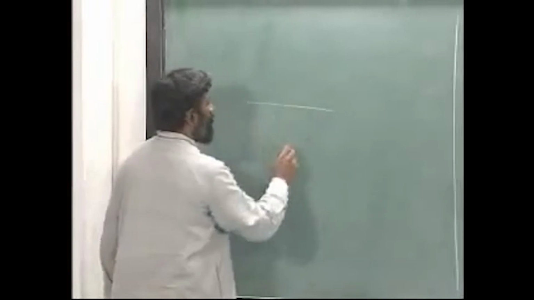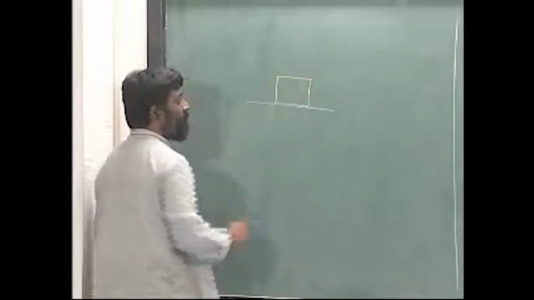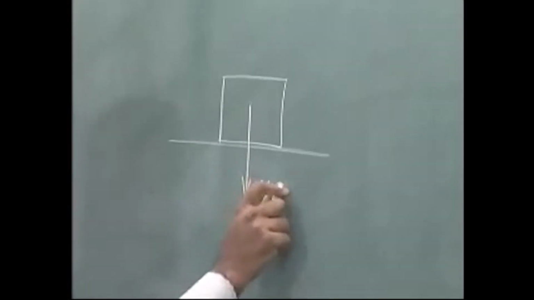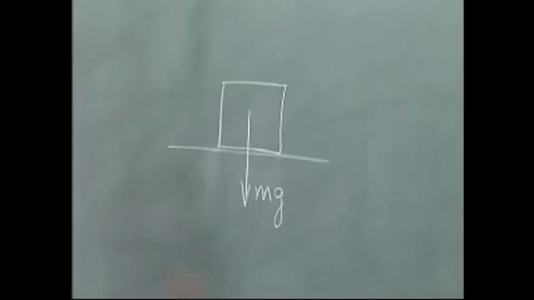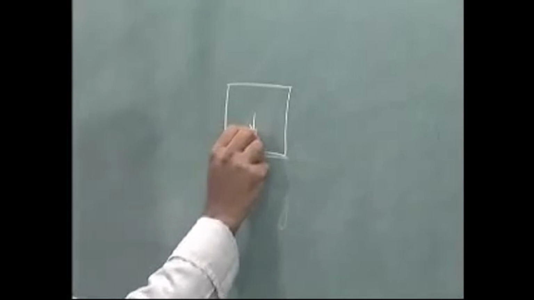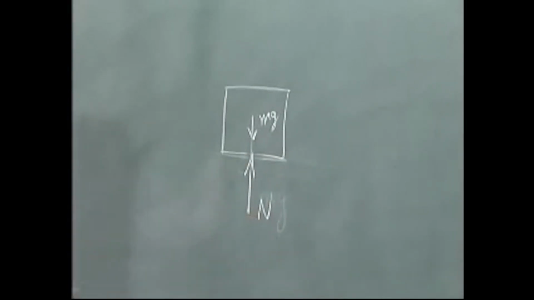So, let me start off with a simple idea here. Let us say this is the body, there is a weight acting on it, and if I draw the free body of this, then mg is acting like this, there is a normal reaction N, that much is correct.